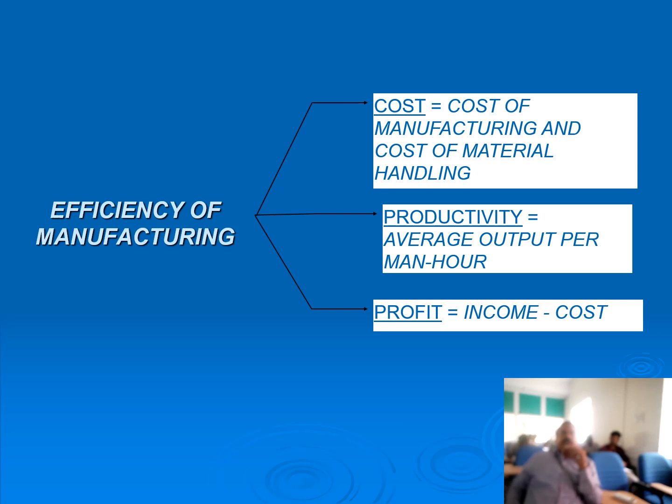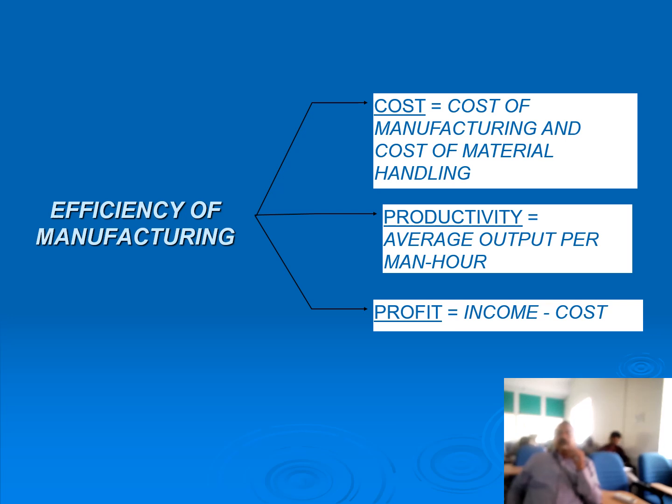Now, the efficiency of manufacturing, the cost of manufacturing and the cost of material handling. That is one parameter for determining the efficiency of manufacturing. Productivity, number 2, is the average output per man hour. Per man hour means when an operator works on a machine for an hour, how much output is coming.